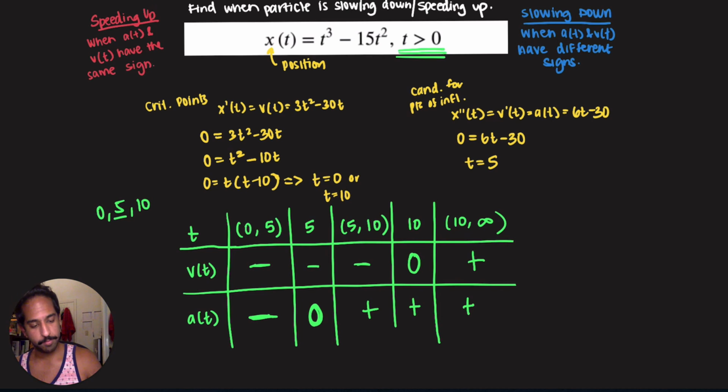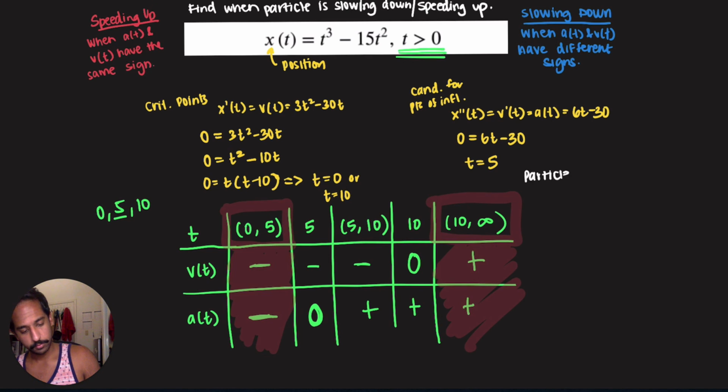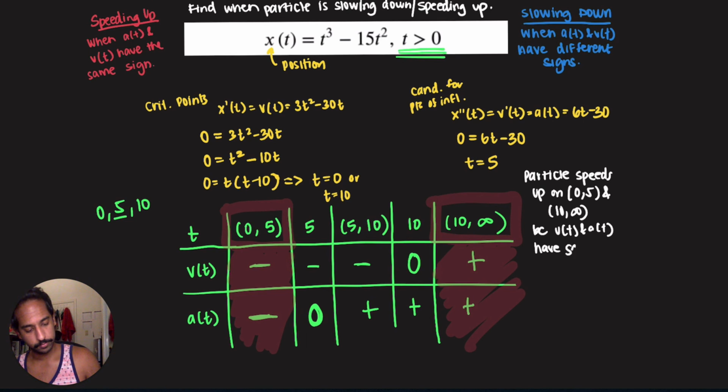And so I'll write this: particle speeds up on 0 to 5 and 10 to infinity because v of t and a of t have the same sign. It's okay if they're both negative, because what that means is we have a negative velocity, we might be moving to the left, but we're moving to the left faster and faster because of the negative acceleration as well.